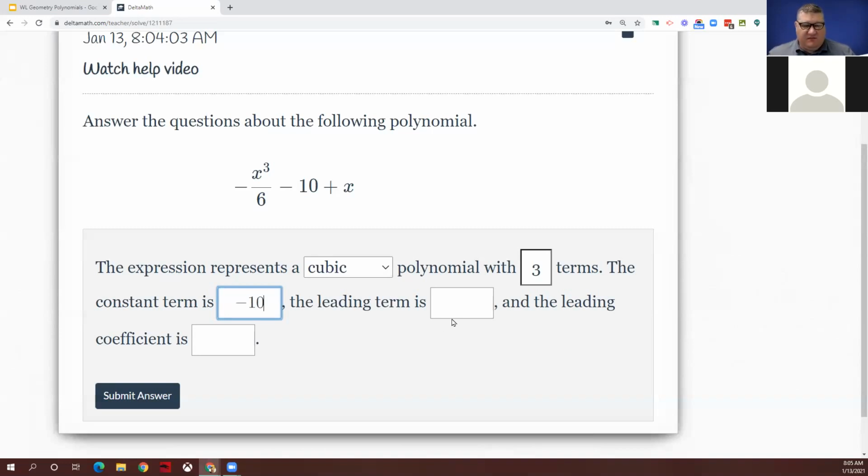-10, very good. The leading term, now this is the other thing kids mess up. One is a leading term, the other is the leading coefficient. What is the leading term? Oh, by the way, -10 is the constant because there's no variable with it.